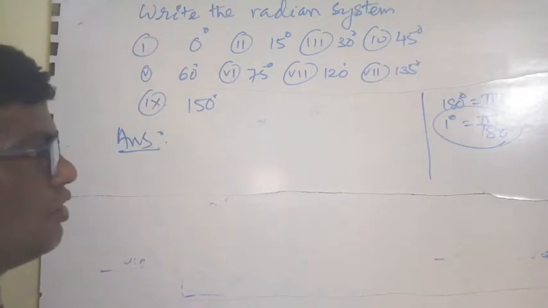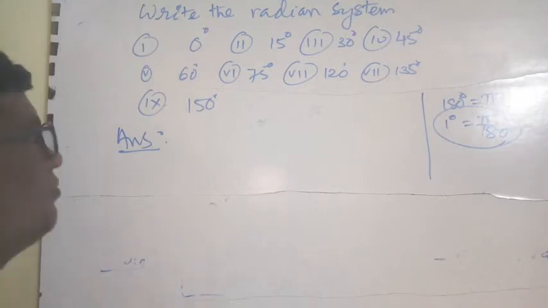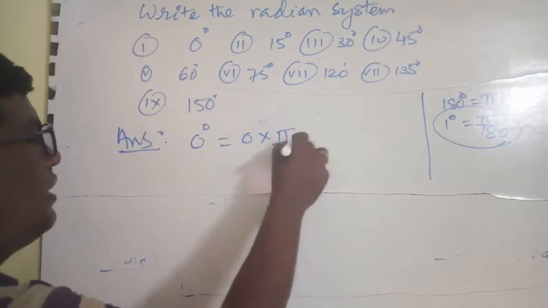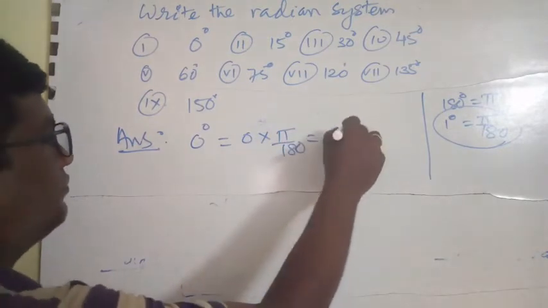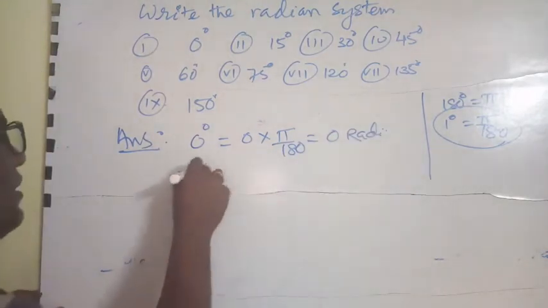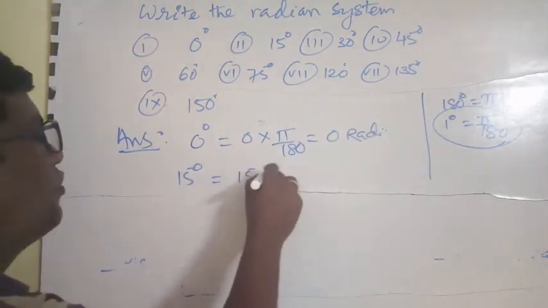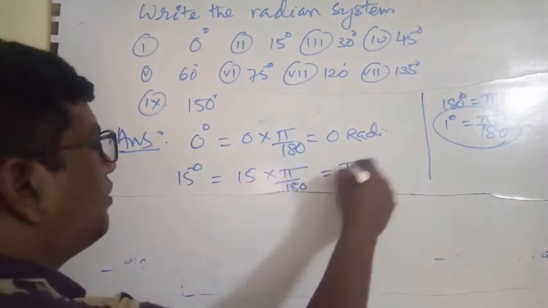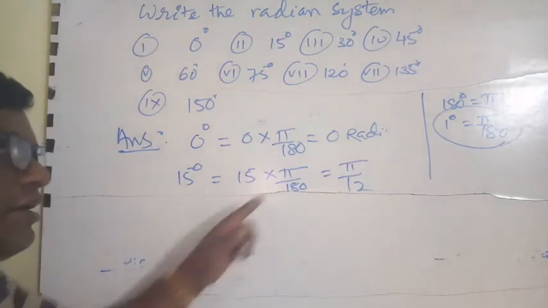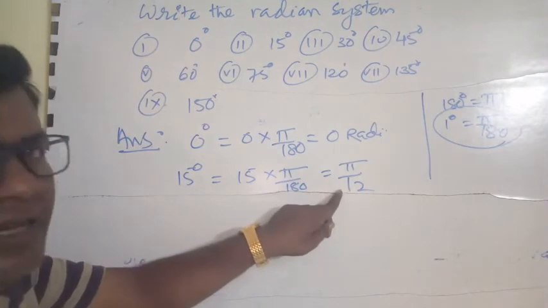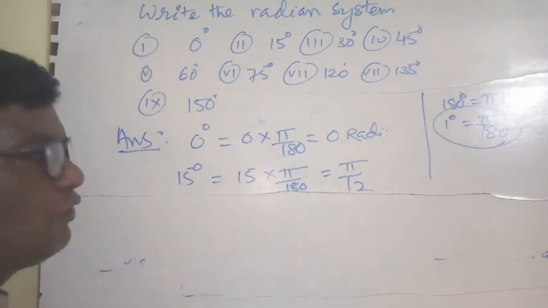If degree system is multiplied by pi by 180, then it will be radian system. 0 degree is equal to 0 into pi by 180, that is equal to 0 radian. 15 degree is equal to 15 into pi by 180, that is equal to pi by 12 radian.